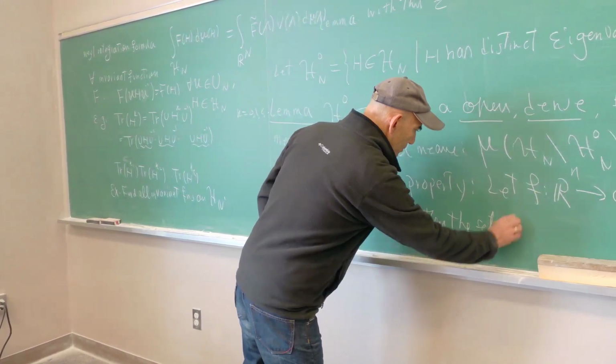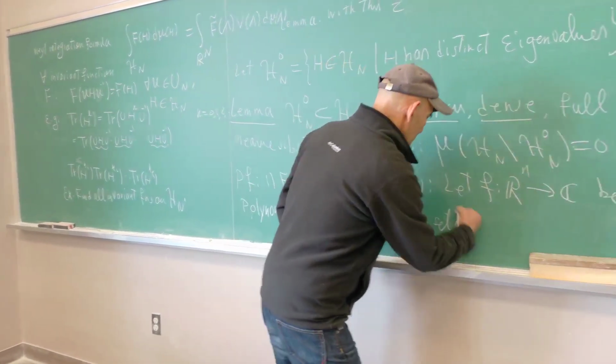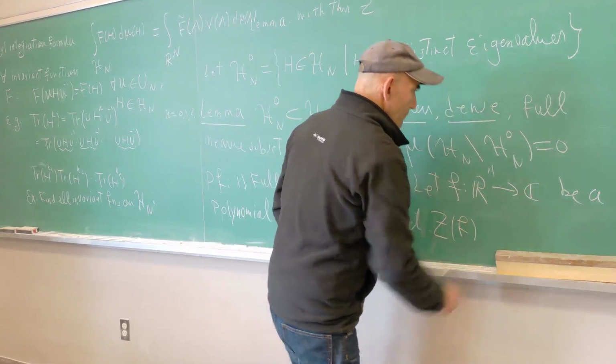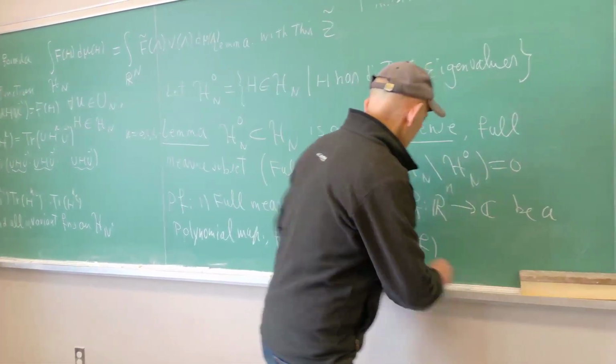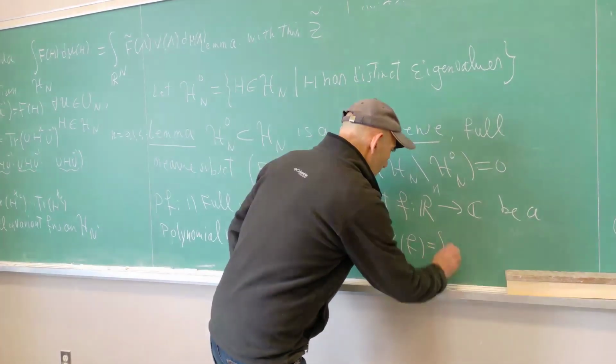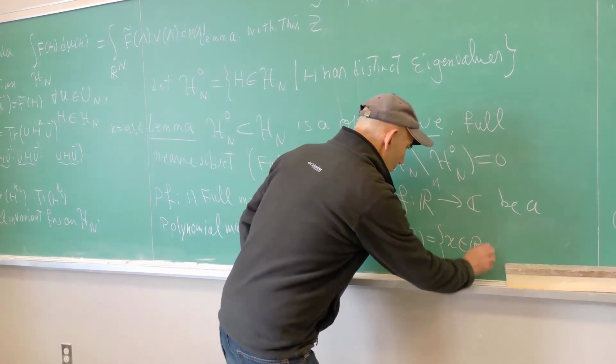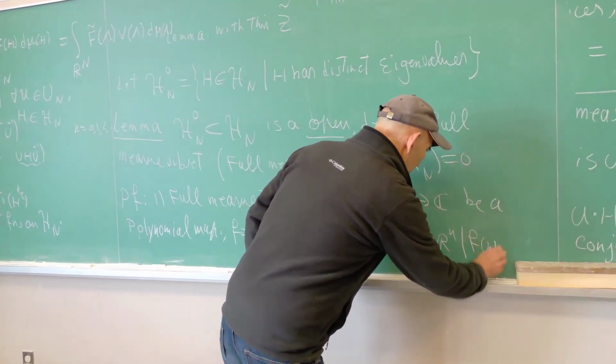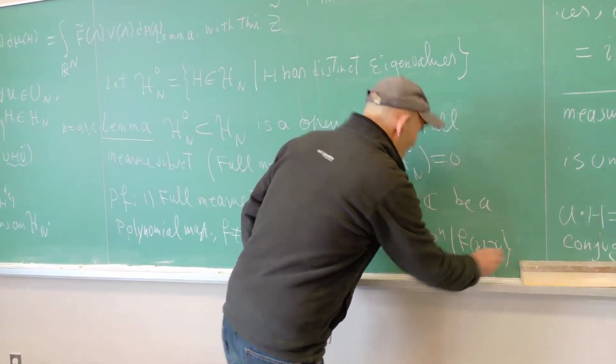The set Z_f of zeros of f, where f is equal to 0, has measure 0.